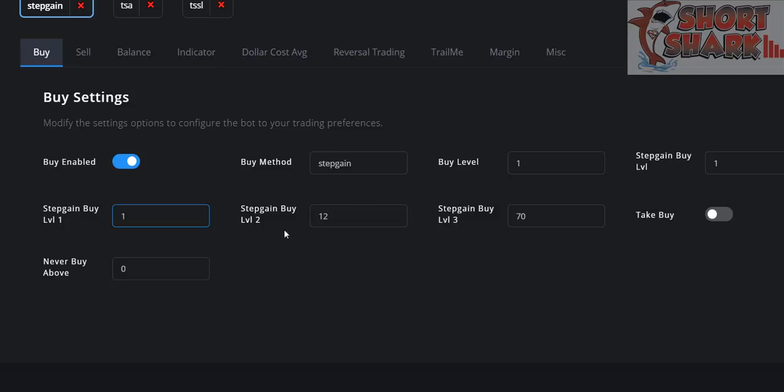All right, and there's your second choice. So if I get into my StepGain buy at 1% and the trailing is great and it's moving on and it doesn't switch back at all, it just keeps dropping like a rock, because it does. It did this the other day on BTT to me. I woke up to, I had, I think, 5% for StepGain level 1, 10 on 2. If it hits that, it's automatically going to buy.